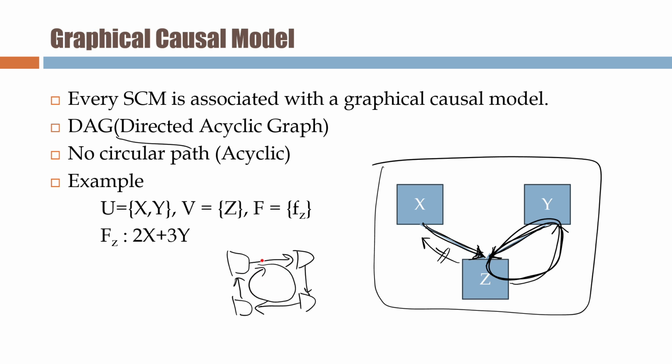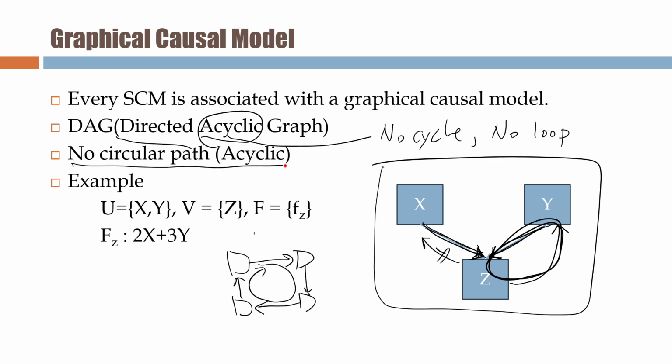We should not have this kind of loop. So acyclic means there is no cycle, which means no loop. There is no circular path.